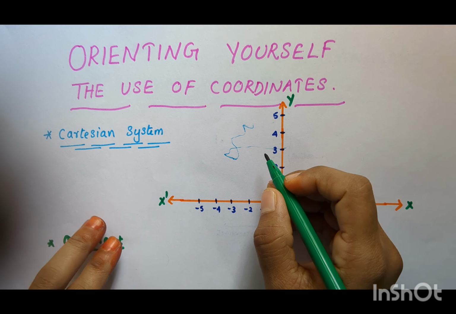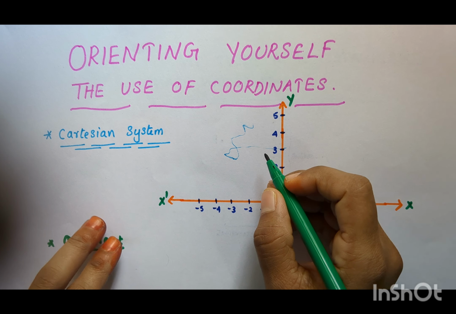So you see, this plane, that is the plane of the paper here, consists of two axes, the x-axis and y-axis, and there are 4 quadrants. See, this quadrant, XOY, is called the first quadrant.